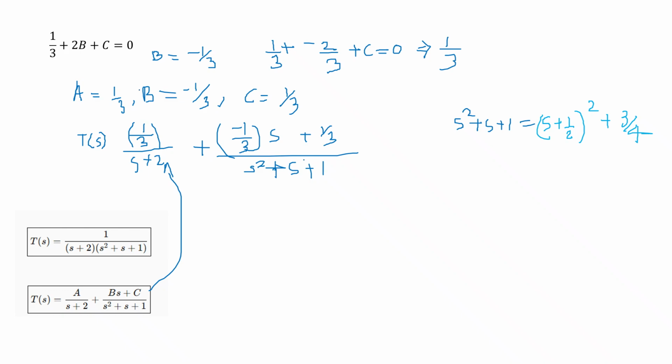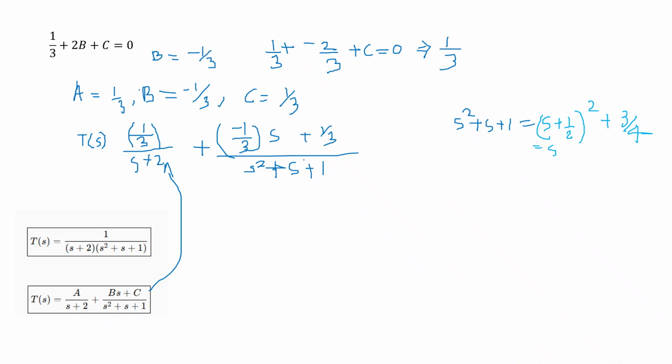This should be right. Why? This s plus 1 by 2 the whole square is s square plus 2 into 1 by 2 into s, that is s, plus 1 by 4, and the 1 by 4 plus 3 by 4 together forms 1, right?